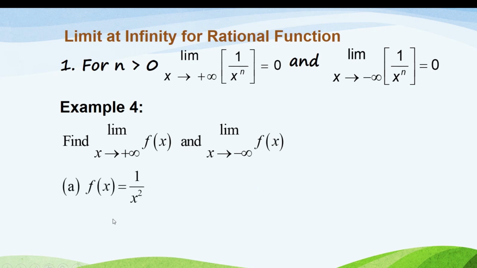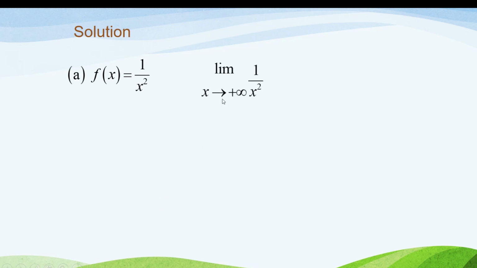A, f(x) equals 1 over x squared, and B, f(x) equals 3 over x squared minus 5 over x cubed. Okay, for question A, f(x) equals 1 over x squared.